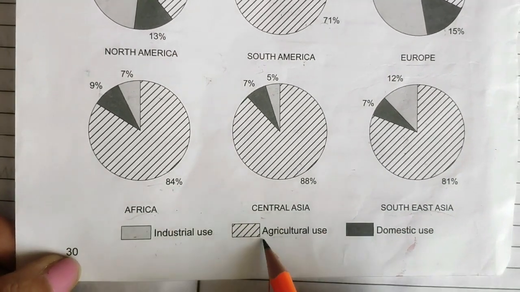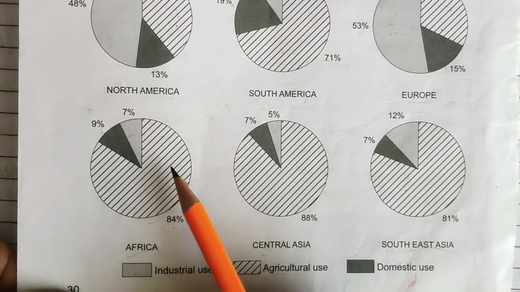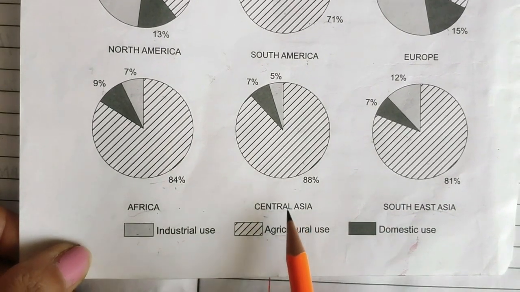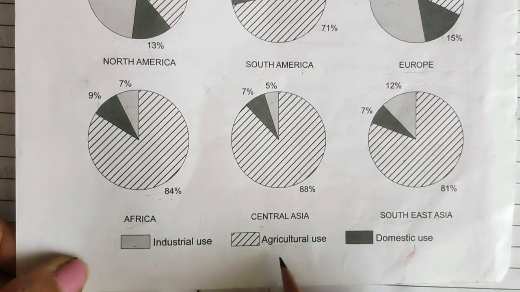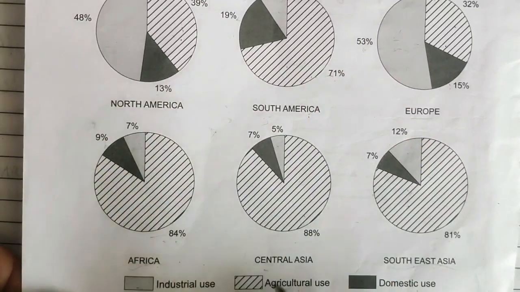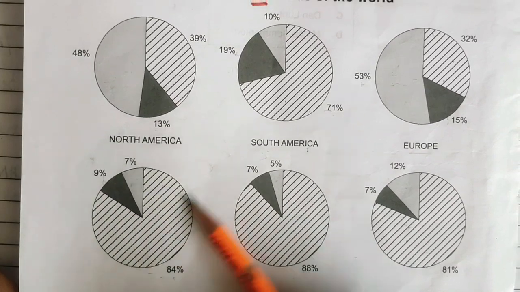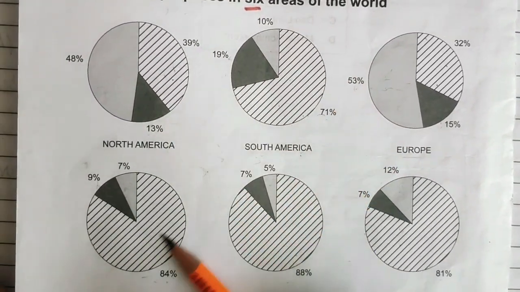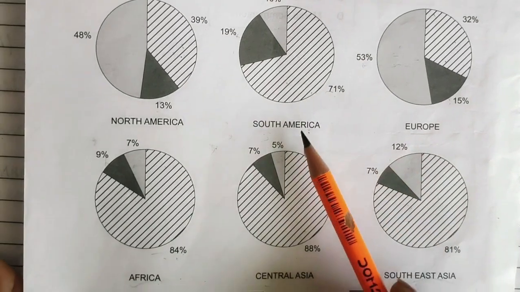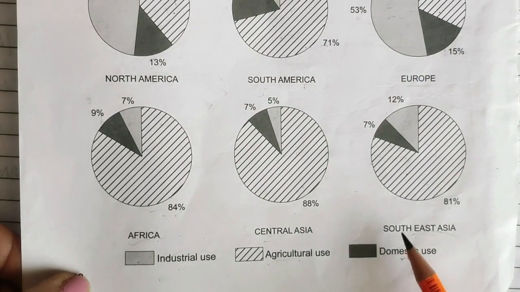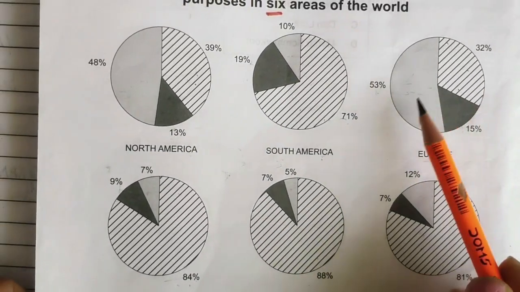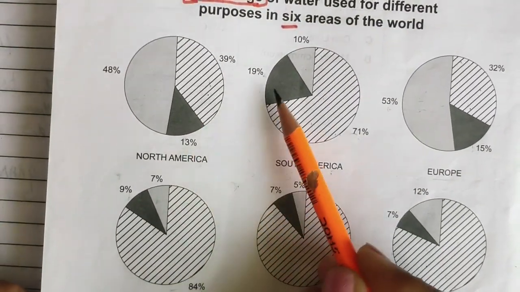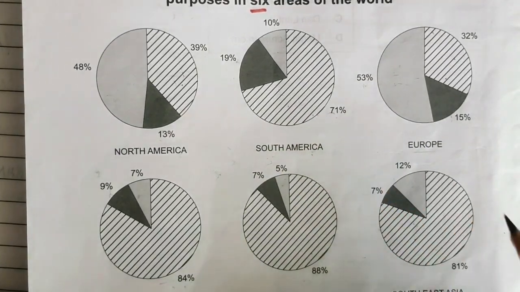Maximum in agricultural usage, we can see these three. The maximum usage of water throughout is agricultural; you can see most of the pie charts have these lines. The minimum user I can see is domestic, a very small percentage.